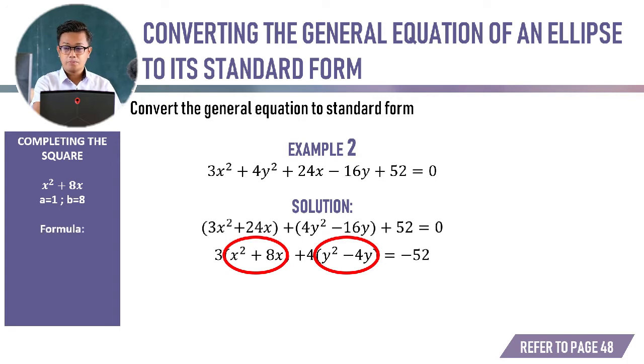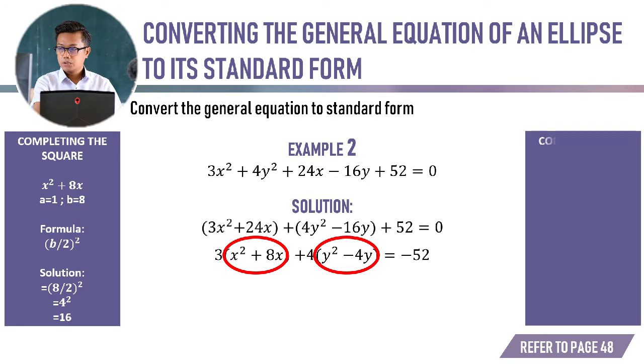You have your formula b over 2 squared. Since you identified your a and your b, you can substitute directly into your formula. So, this becomes 8 over 2 squared, and then simplify 8 divided by 2, that is equal to 4 squared, and then simplifying further, that is equal to 16.